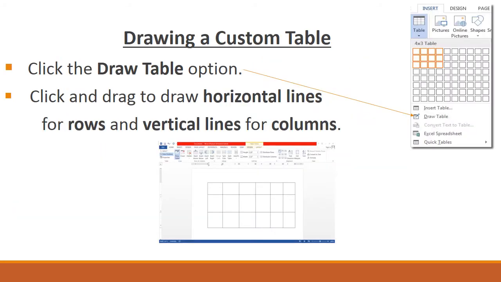Drawing a custom table. Now we are going to draw a table in our document by using a pencil, that is our cursor. Click the Draw Table option. The starting steps are the same. Now we have to choose the Draw Table option. Then when we pick this option, our cursor will change to a pencil sign.